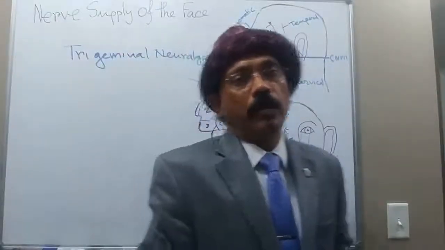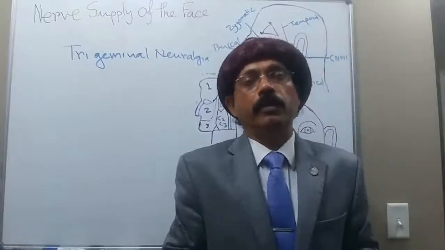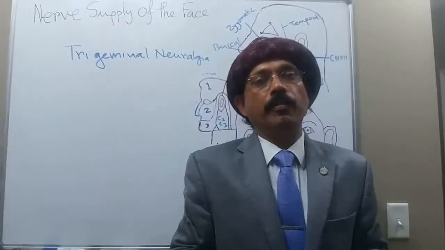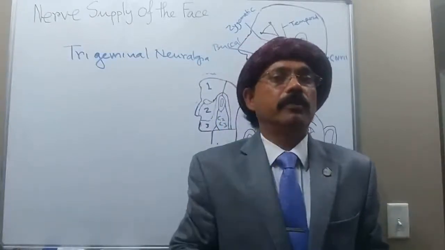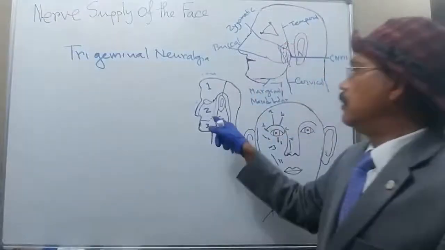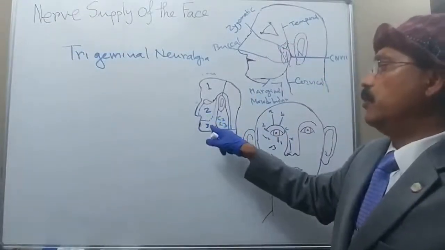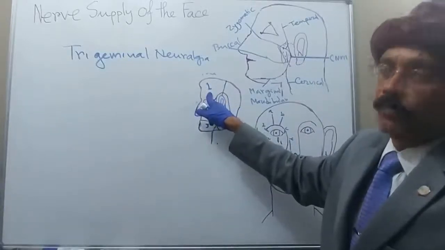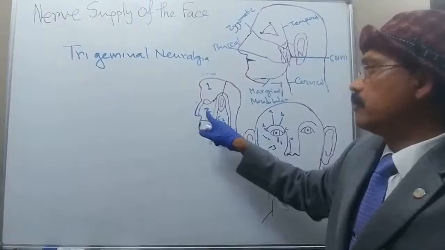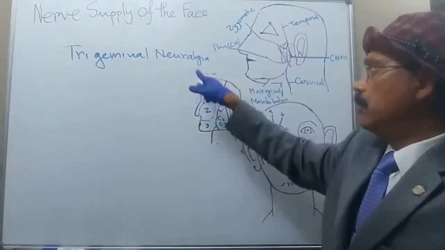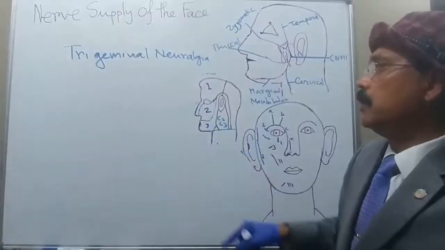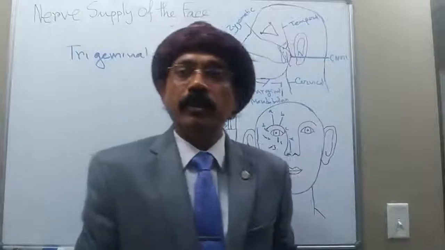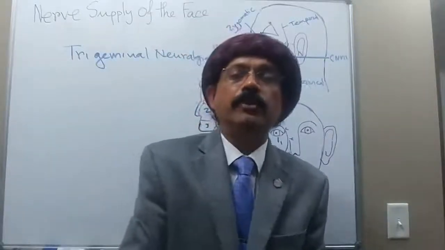There may be episodic paroxysm of excruciating pain or lancinating pain due to minor touch, especially on the maxillary division, maybe in the mandibular division, maybe both. Usually ophthalmic division of trigeminal nerve is not affected, usually the maxillary division. Second most common neuralgia happens due to mandibular division of trigeminal nerve. Okay, it may be due to some aberrant vessel. We'll discuss that in details in our next video.